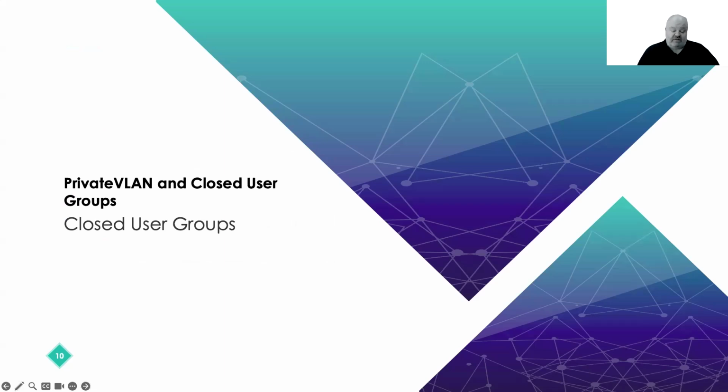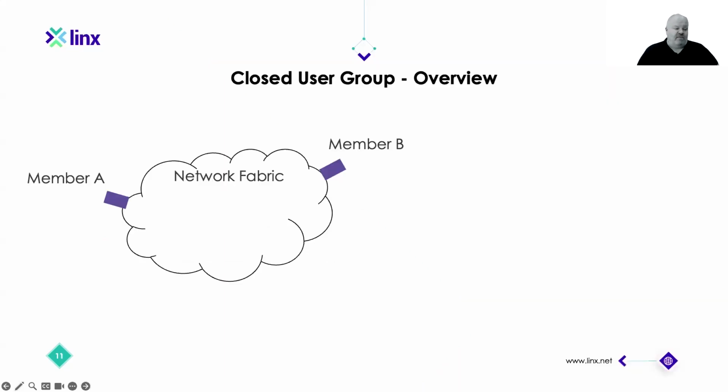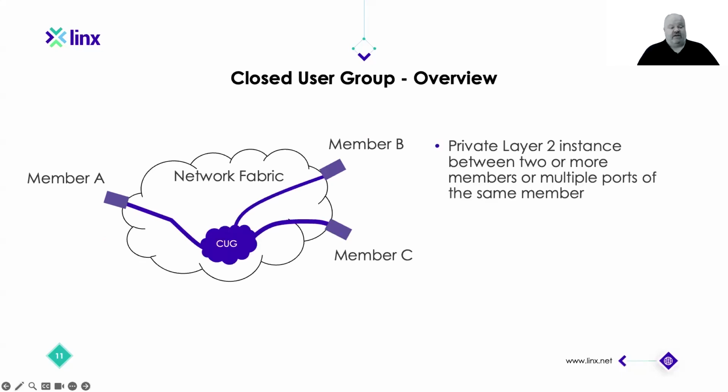Closed user group, it's not much different. Instead of having 2 members or 2 ports of your own, we now have 3 members. And guess what? It is nothing else than yet again a private layer 2 instance between at least two. Obviously, you can also have a closed user group with only your own port in it, but there's not going to be much traffic on that.